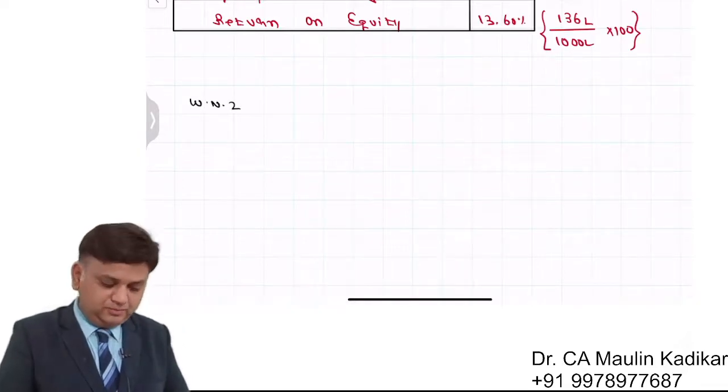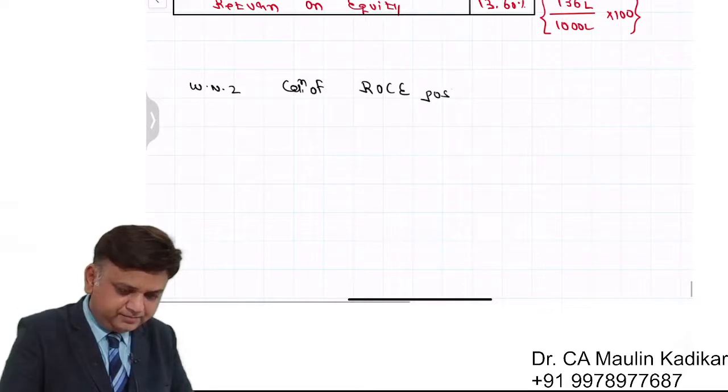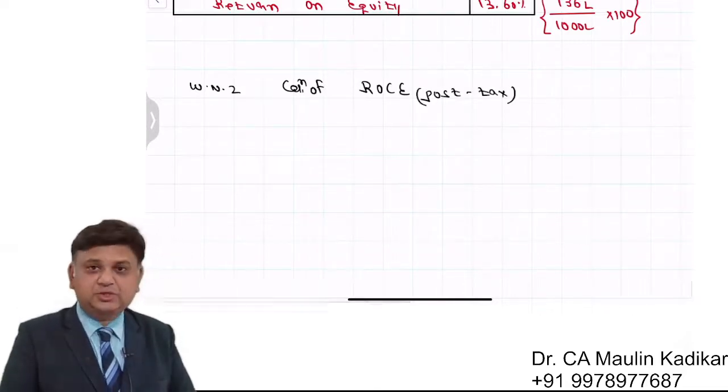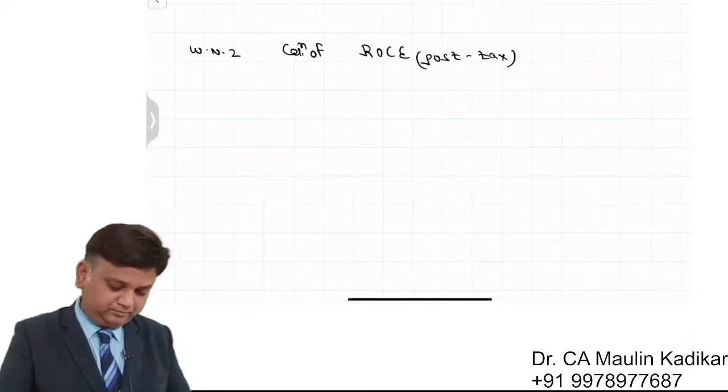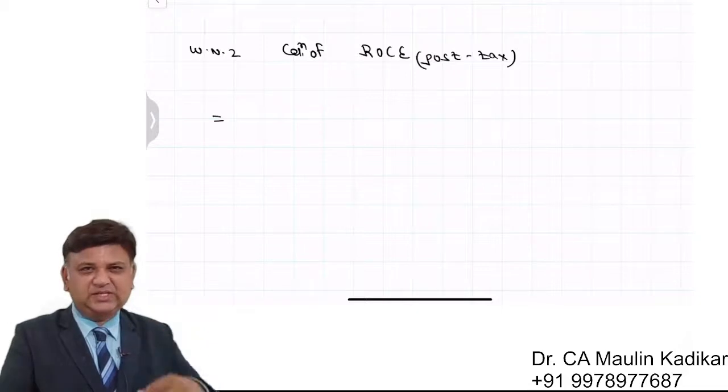Working note number 2, calculation of return on capital employed. In bracket I am writing post tax. Why do we prepare? We'll just understand in some time.